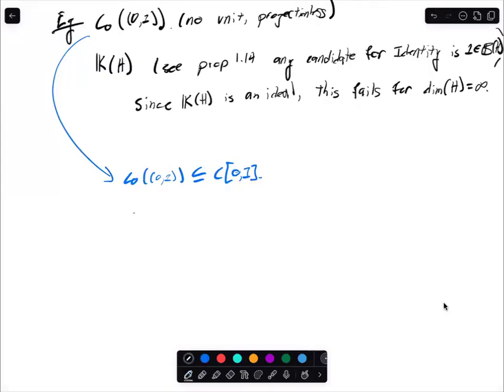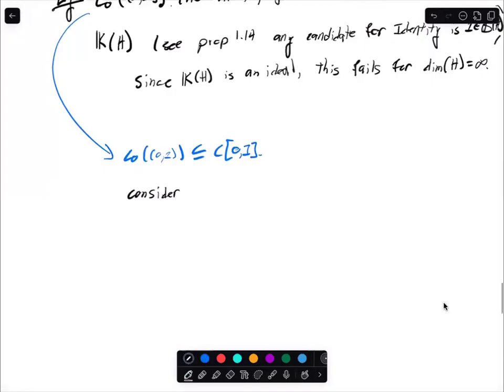So we can consider a subalgebra, the set of all f plus lambda 1, where f is in C0 of the open interval and lambda is a complex number, where 1 is just the constant function.